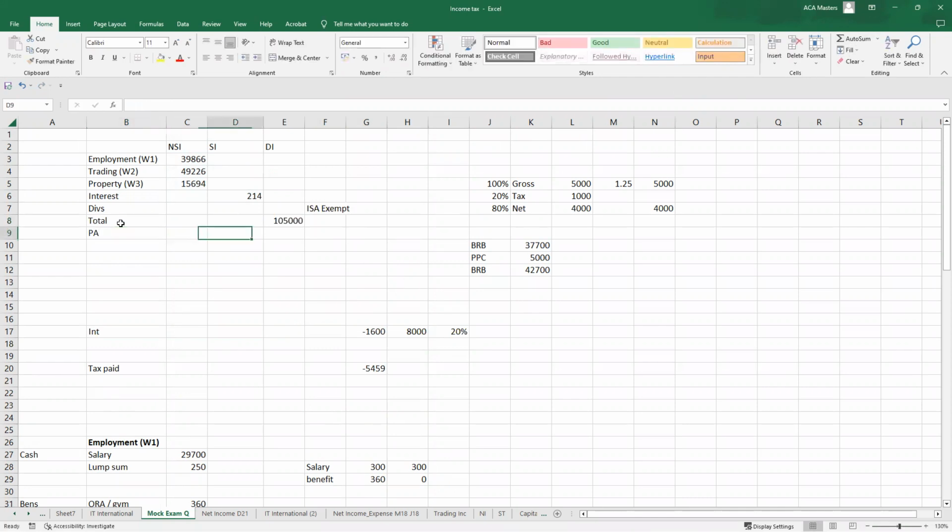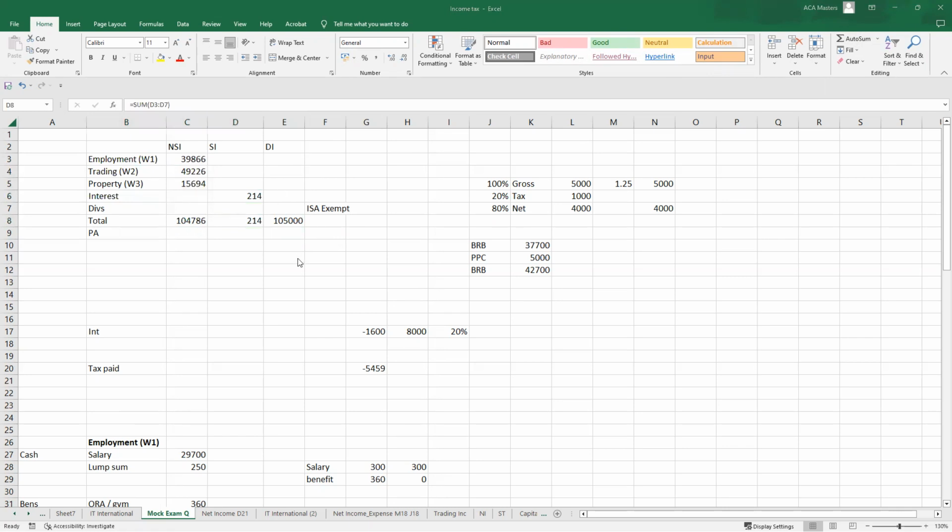And then we can deduct the personal allowance. So we've got our total non-savings income, a small amount of savings income, which of course gets us to the total. Probably just want to sense check those numbers, but that was right for the employment, trading and property. They all seem sensible based on the numbers that we had.